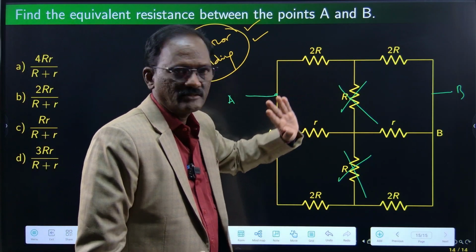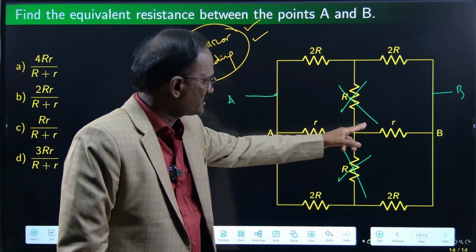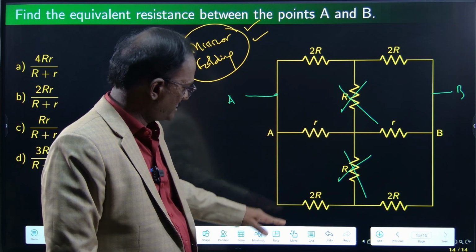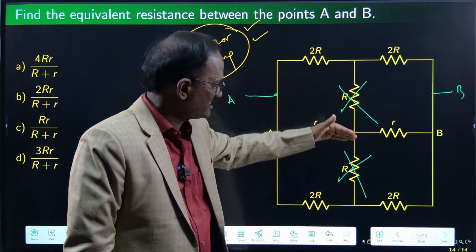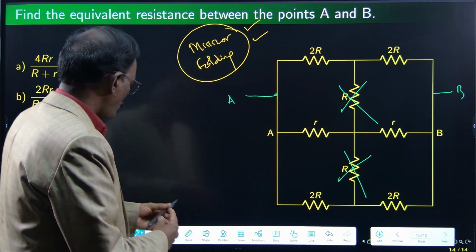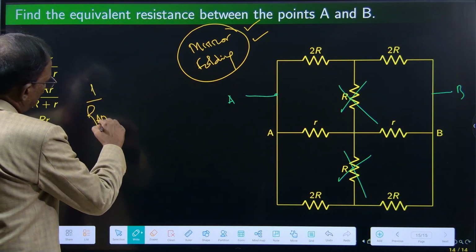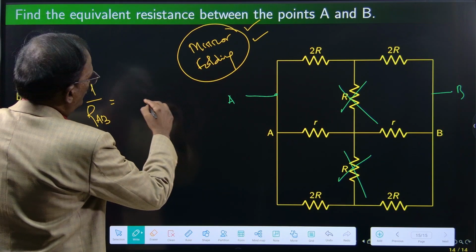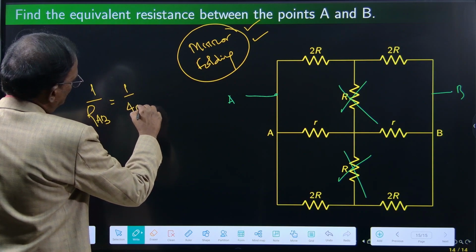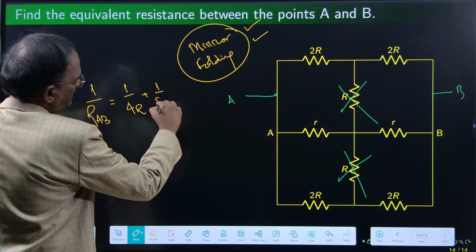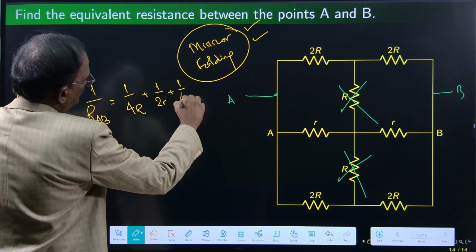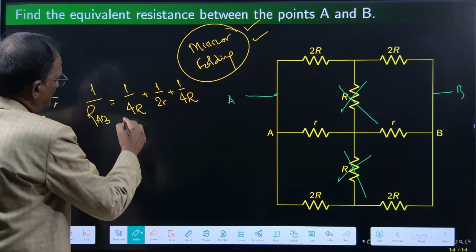Now R plus R in series is 2R. Then the 3 are in parallel. 1 by RAB is 1 by 4R plus 1 by 2R plus 1 by 4R.